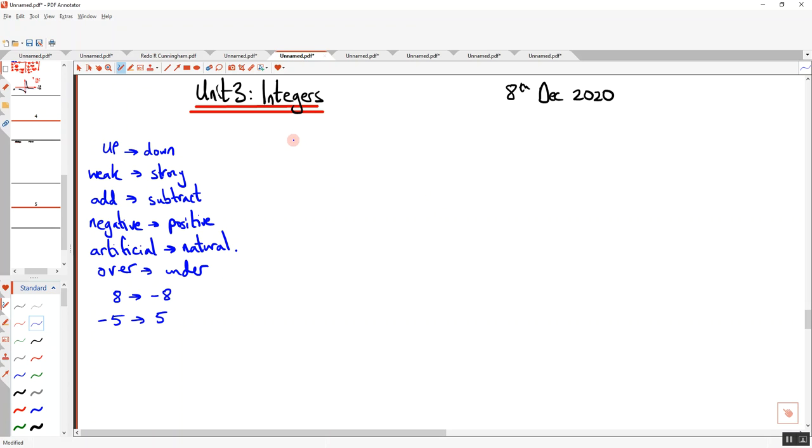And in numbers, so we write this bit, okay? In numbers, the opposite of a positive number is a negative number.